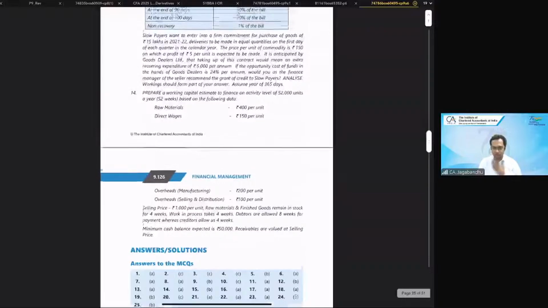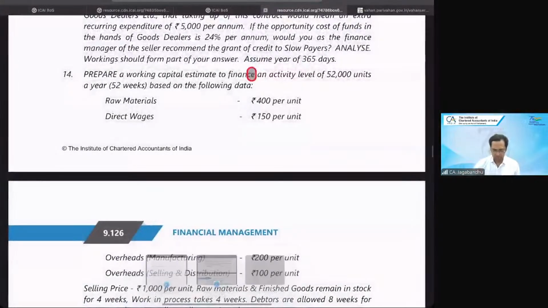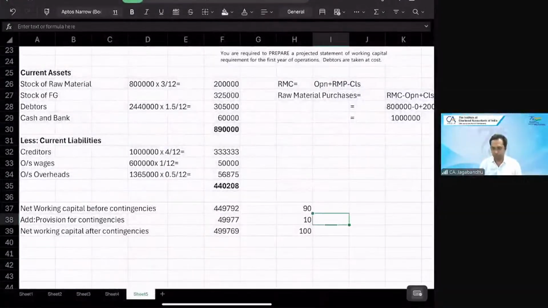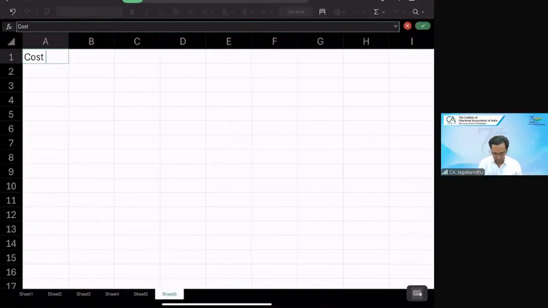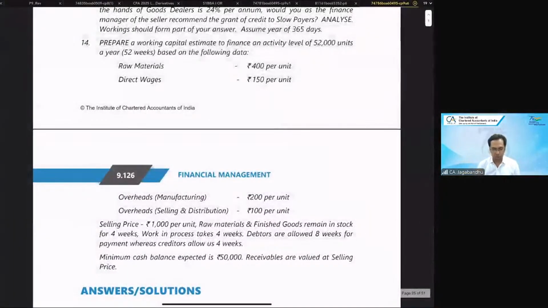Yeah, so we have to prepare a working capital estimate based on this. So we'll have to first prepare the income statement or the cost structure. So let's prepare the cost structure. So in cost structure, we have the raw material.